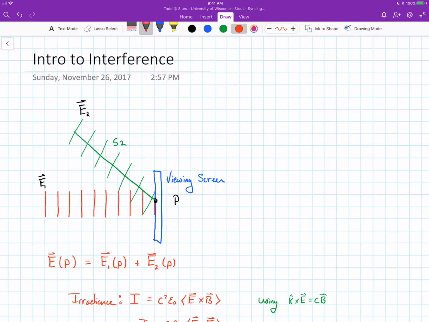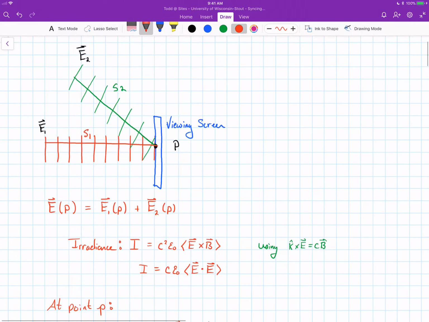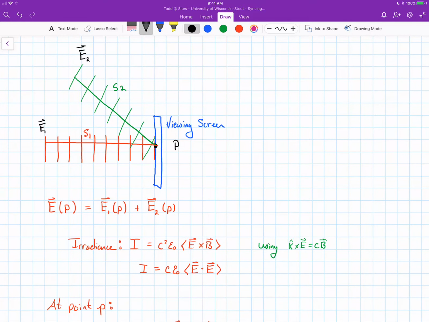For this one right here, we've got a path length of distance S1. That's essentially how far they've gone from their source, which we're assuming are in phase with one another. So the resultant field at point P is simply the sum of the two electric fields.